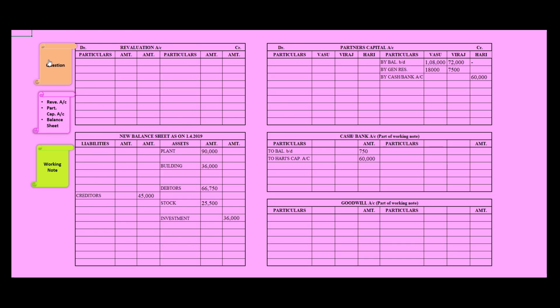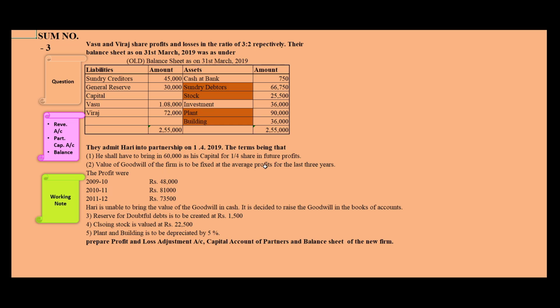And Viraj, same way it has to be calculated. 3/4 into old ratio 2/5 will be equal to 3 2s are 6/5 4s are 20. Okay, now we go to the question.